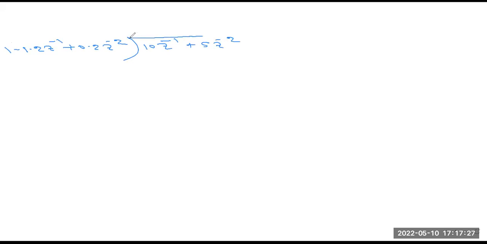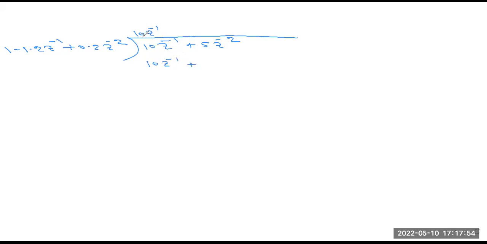Okay, so first you have to solve the dividing rule. First you multiply the first term, 10 z inverse, by the divisor. So 10 z inverse into 1 gives 10 z inverse.